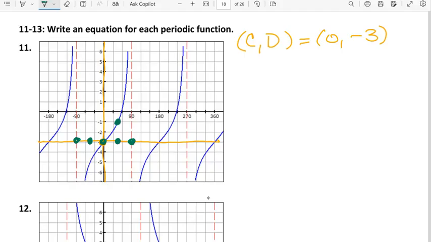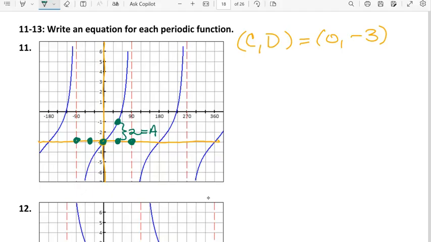If we inspect that point that's 3/4 of the way through, just to the right of the center point, we'll observe that that is 2 units above the new origin. Normally, when we graph the parent function, that will be 1 unit above the new origin. So we've actually just found the value of A. So A is 2.